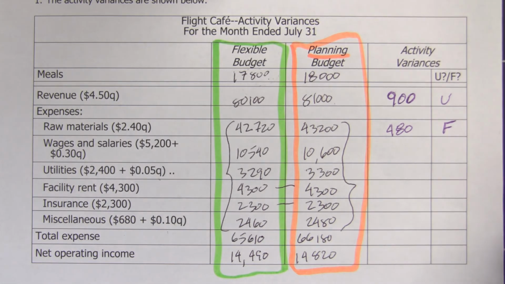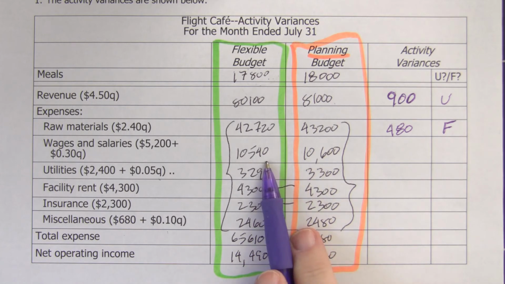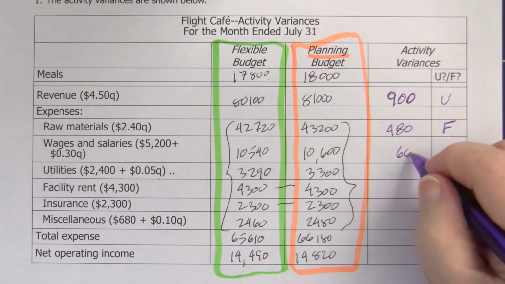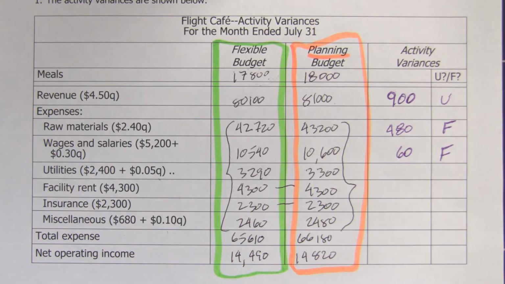What makes her unhappy is if this was unfavorable and this price went up. That would make her very unhappy. And we're just going to go down. We expected to spend $10,600. We spent $10,540. We spent $60 less. That's favorable. That'll make the boss happy.